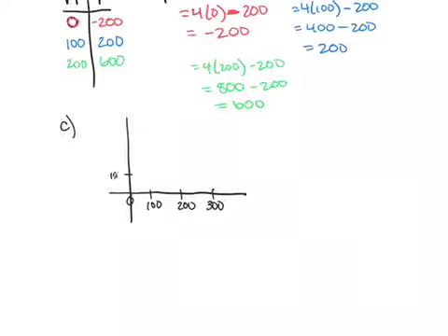I'm going to go up by 100, 200, 300, and we actually saw in our table of values that we can actually have negative profit, especially if no one comes to our dance. So we're dealing with quadrant 1 and quadrant 4 here, right? We're not going to be dealing with quadrant 2 or 3 because we can't have a negative amount of people.